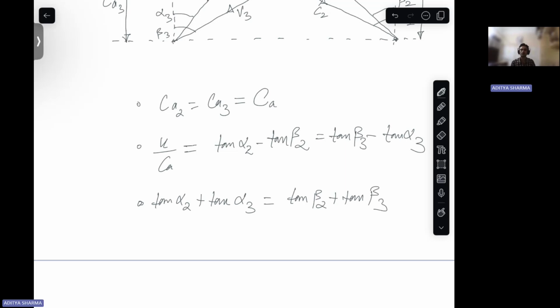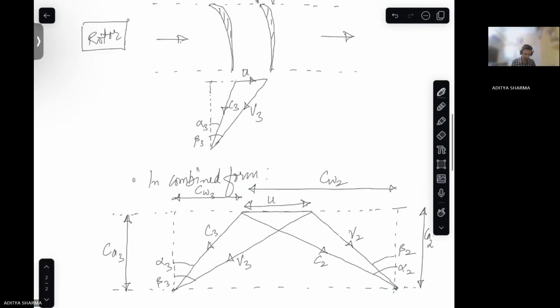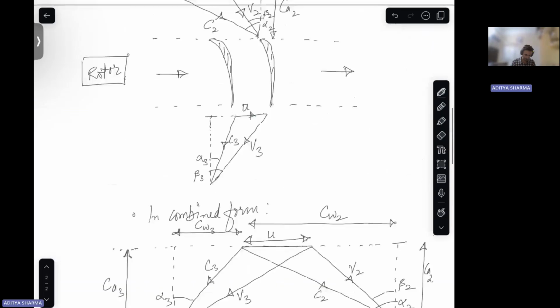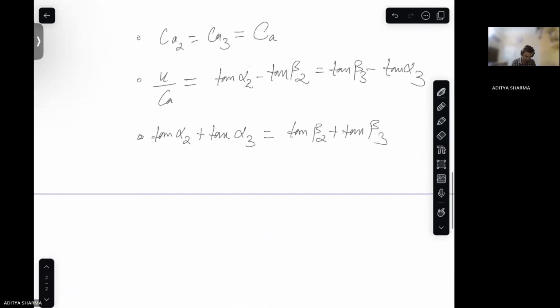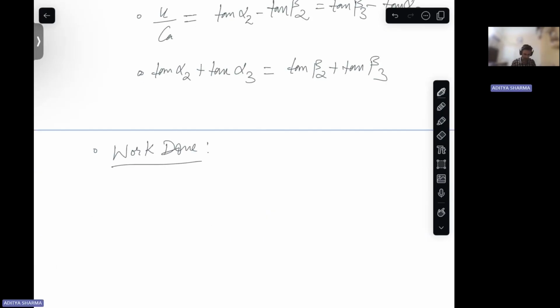So we are analyzing the flow across the rotor of the axial turbine, right? Then if you talk about work done, you can write as mass flow rate times CW2 U2 minus CW3 U3.